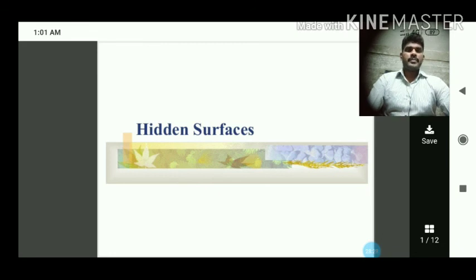This is also called back-face removal. So the hidden surface removal concept is clear. I hope you understand this concept clearly and can write it in the examination.